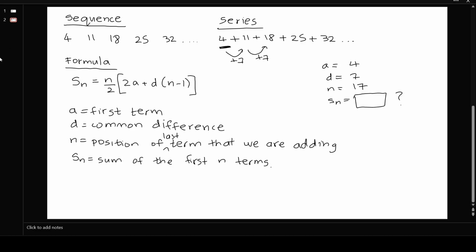Let me just go on to the next page. I will write the formula out again, and then we will plug the numbers into the formula together. If you remember from the previous page, N is 17.